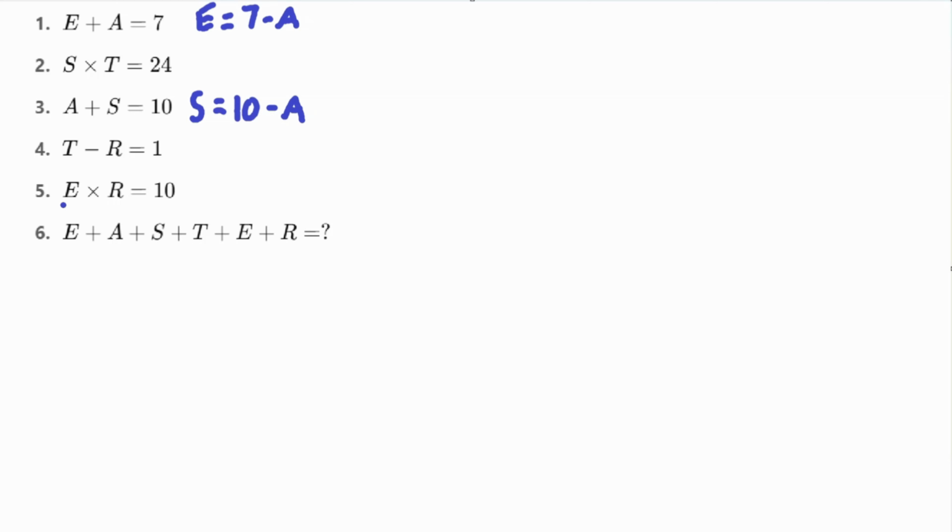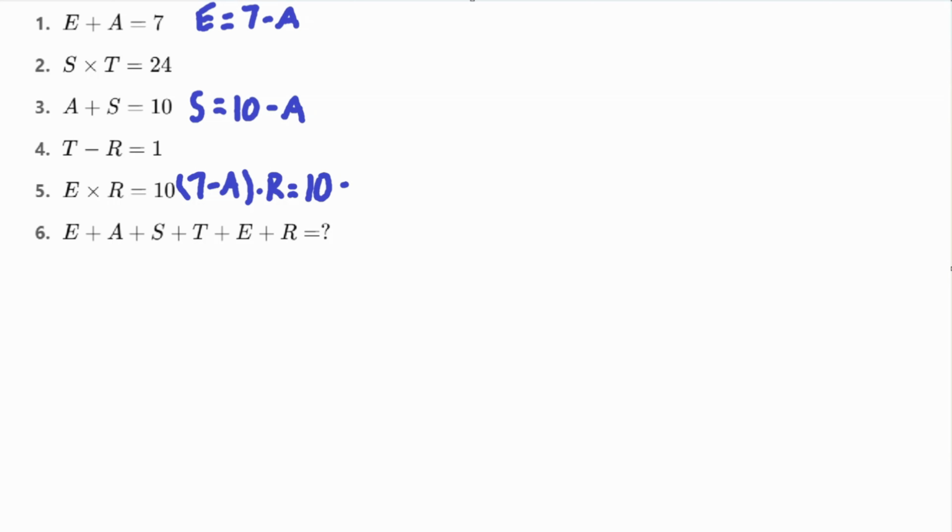In the fifth equation, we can substitute our 7 minus A for our E. So then our E times R is 10. So that will be 7 minus A times R is equal to 10.